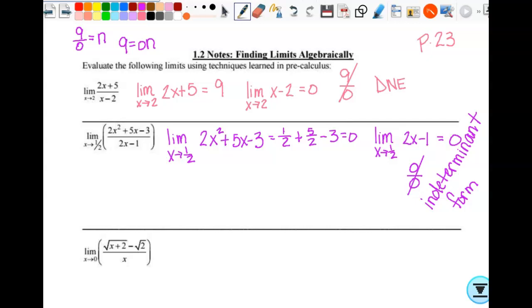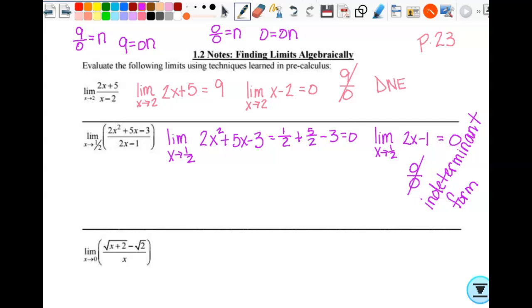It does not exist. If I do 0 over 0 equals n, and then I multiply both sides by the denominator, I get 0 equals 0n, well, any number times 0 is 0, right? So there is a value, n could be a specific value. Do you know what value it could be? No, we can't determine it.